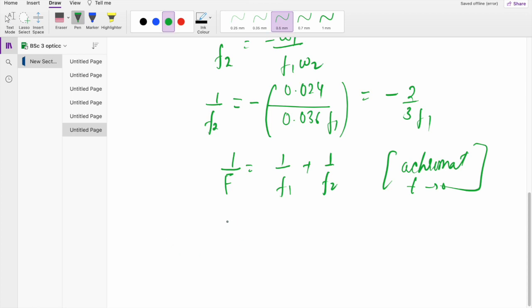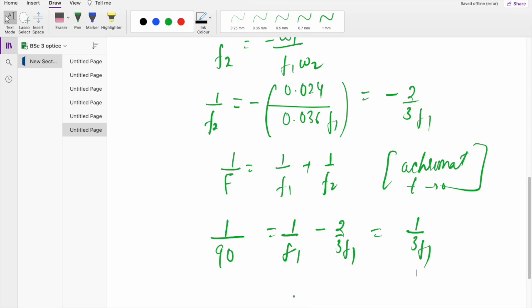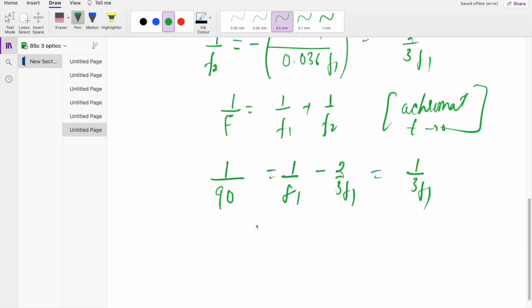We know 1 upon f is given as 90 centimeter, 1 upon f1 is the unknown, and f2 we have calculated in terms of f1 as minus 2 upon 3 f1. On solving, this becomes 1 upon 3 f1. So if we calculate f1, f1 becomes 30 centimeter.